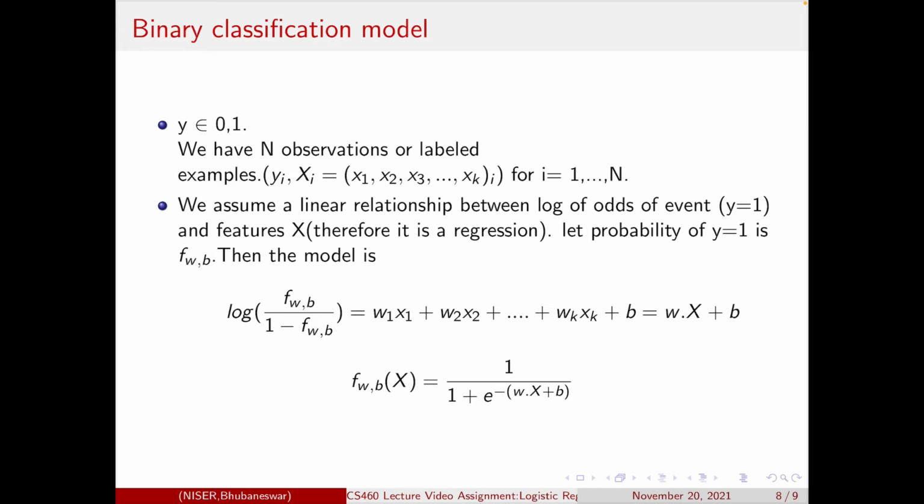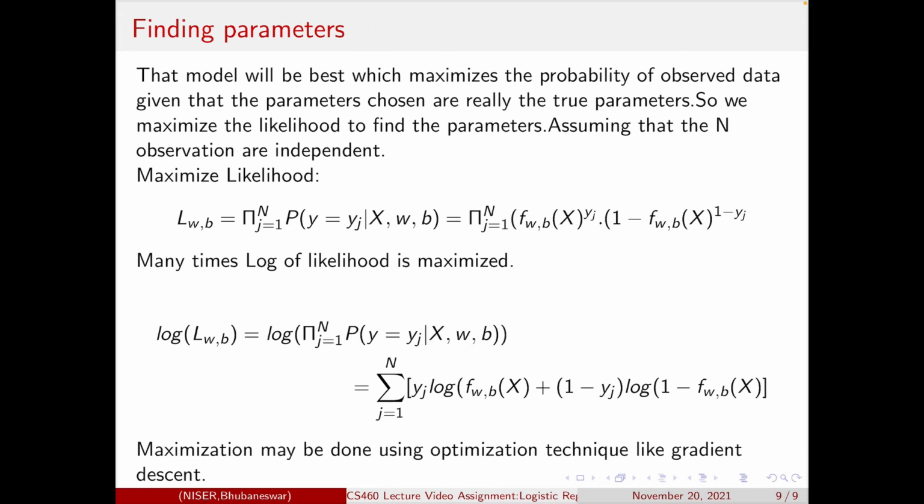Now that we have described the model, the next task is finding the parameters w1, w2 up to wk and b. Just like last time, when we described the likelihood in the case of modeling the biased coin, here also we will find the likelihood. The parameters which maximize the likelihood will give us the best model.